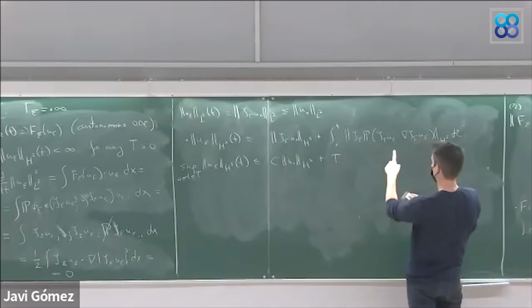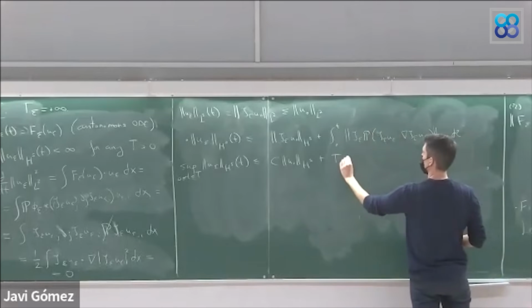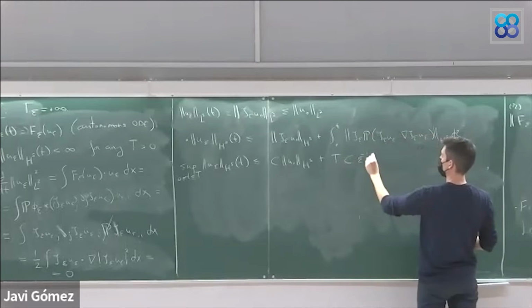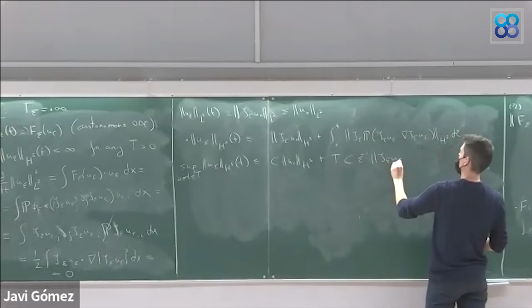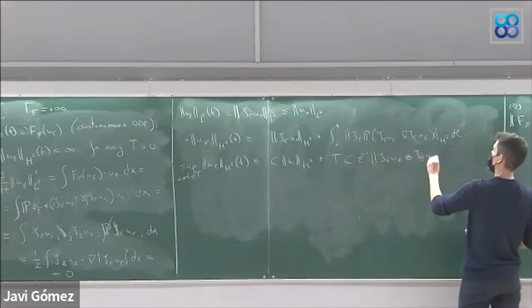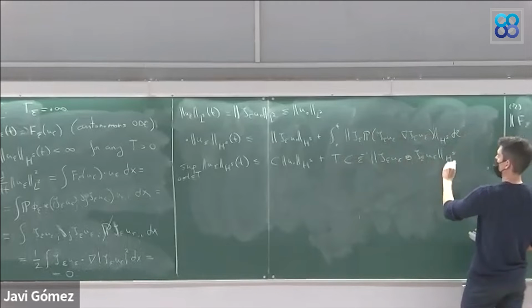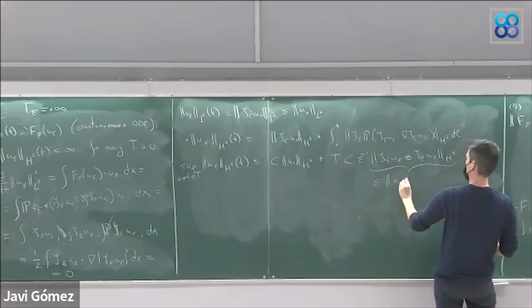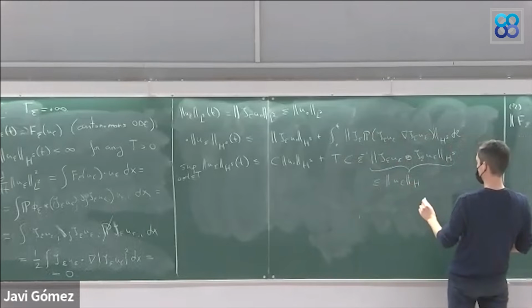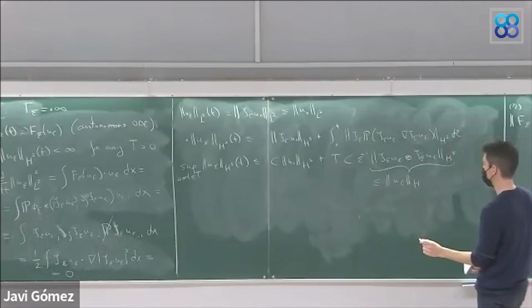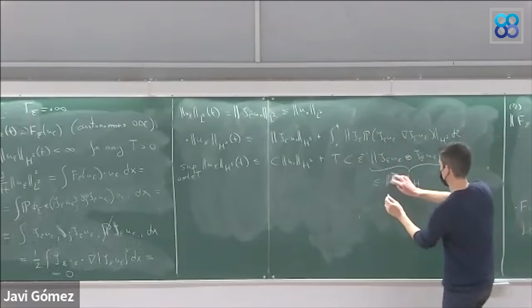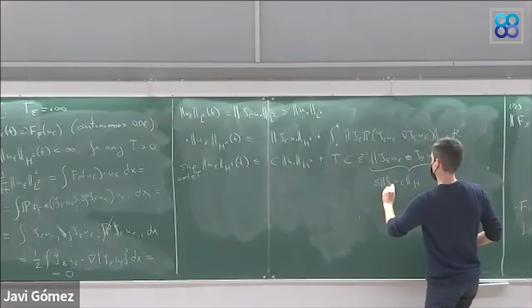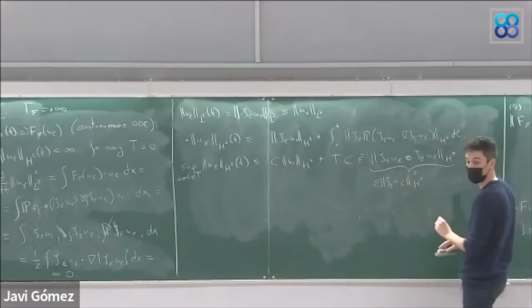I can even do like before: extract this out, so this gives some epsilon to the minus 1. And this we did before. It's less or equal than U epsilon.